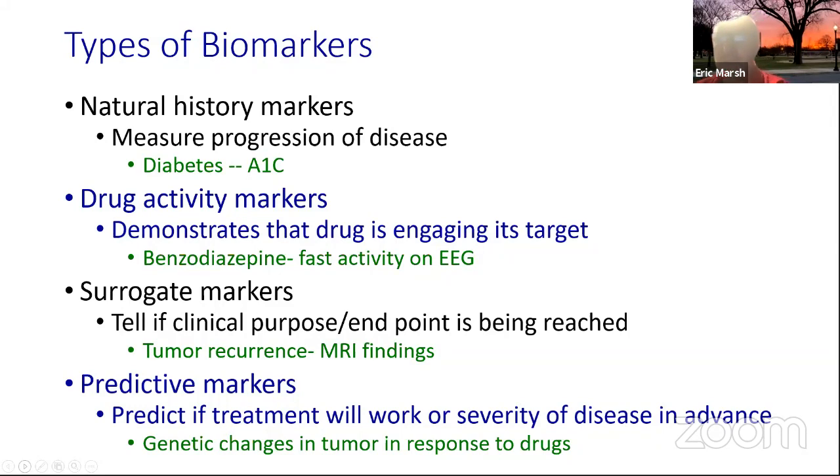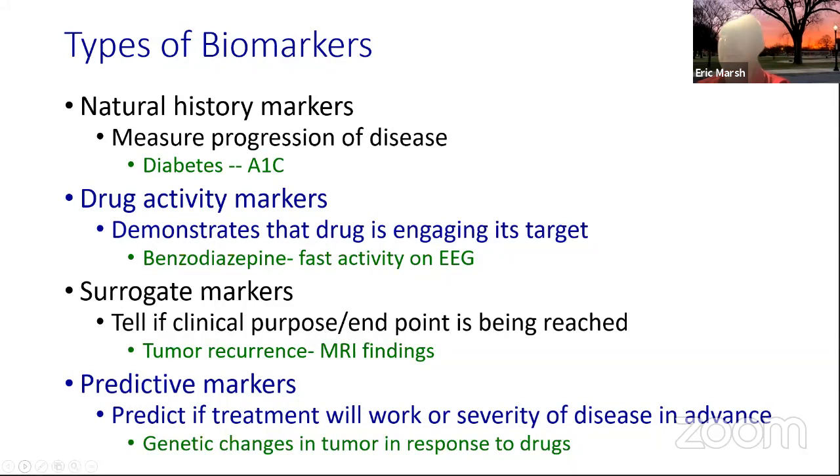This is going to be whether a drug or treatment will potentially work for a given disease in advance of actually starting that treatment. The best example of this is there are certain genetic changes that people can find in tumors that will tell you if a certain chemotherapeutic agent will cause a response in that patient.